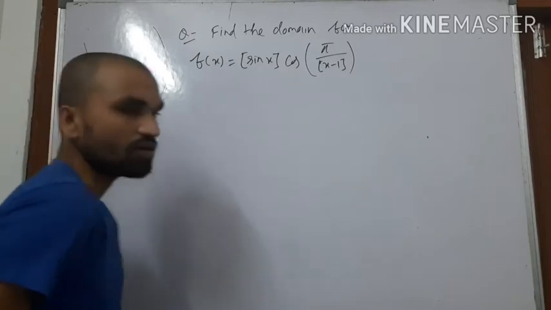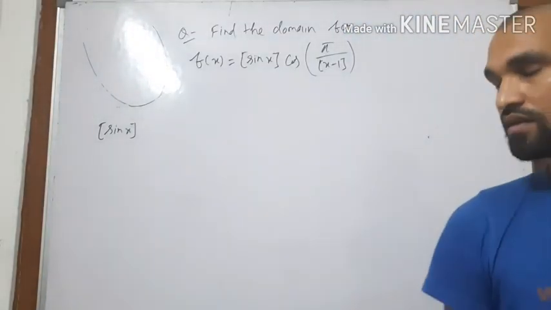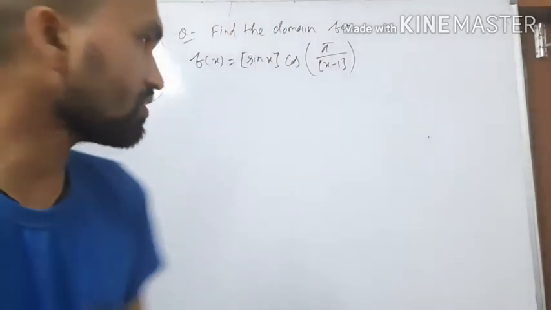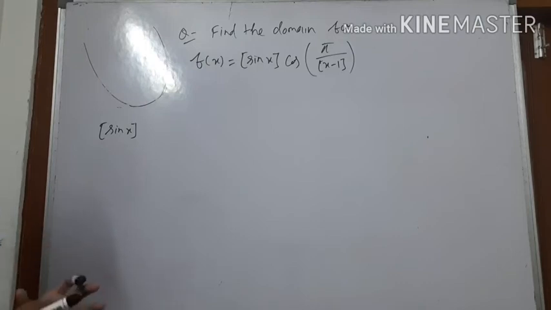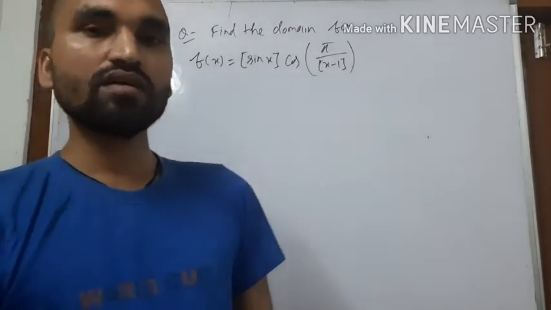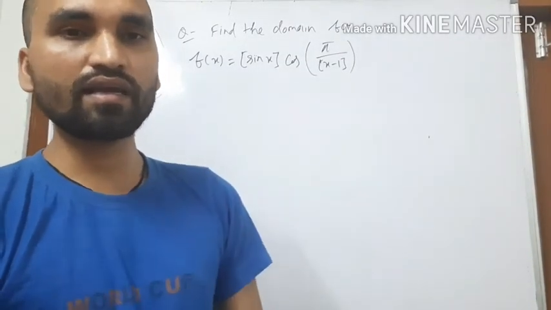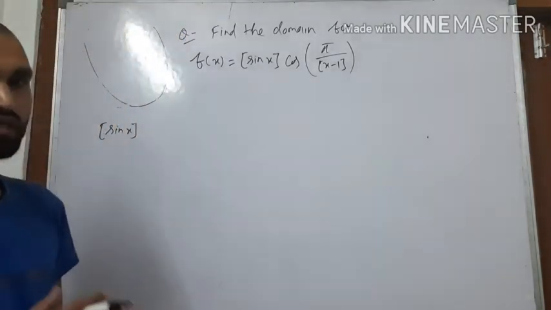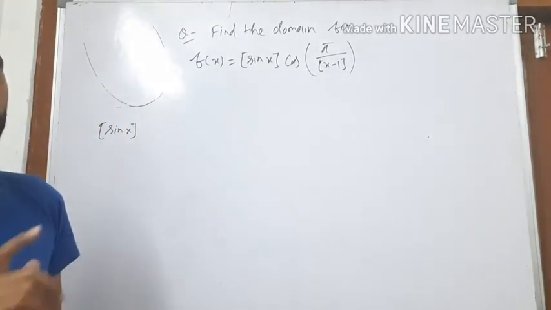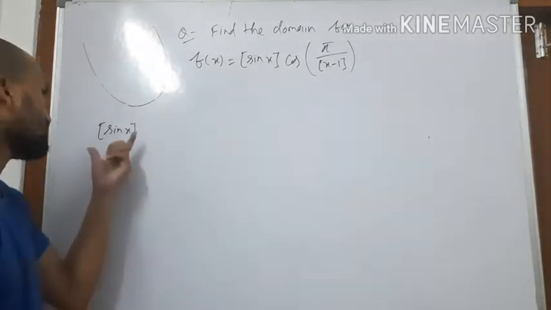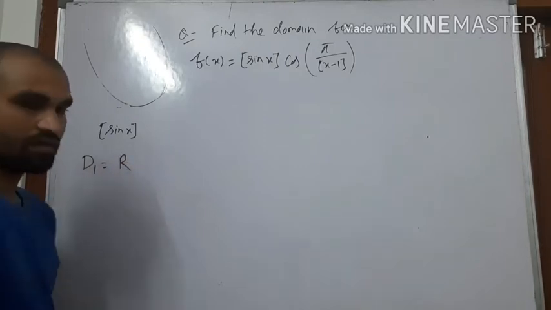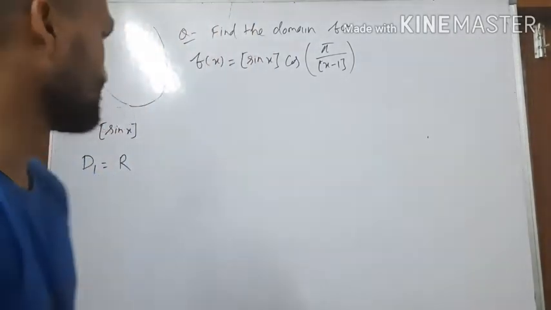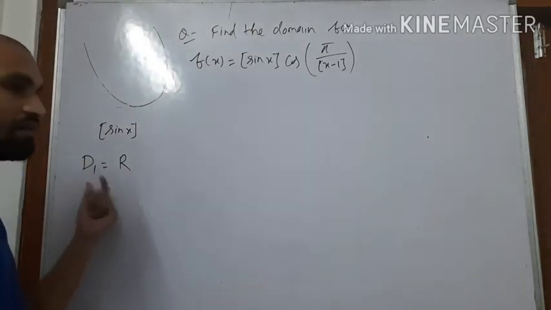As we know, the domain of greatest integer sin x is entire real numbers, because sin x is defined for all real numbers, and the greatest integer of sin x is also defined for all real numbers. So domain d1 is equal to the real numbers.